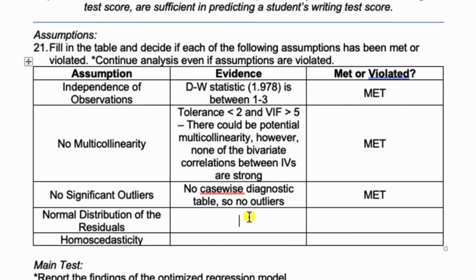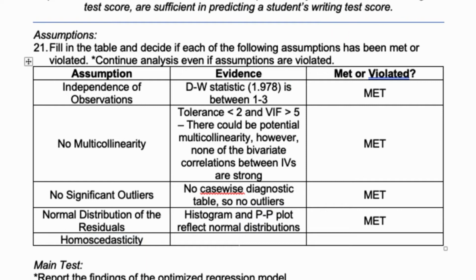So I would say that given our histogram and PP plot, both of these reflect normal distributions. So I would say we've met that assumption.